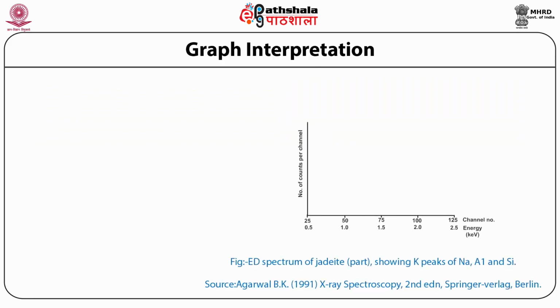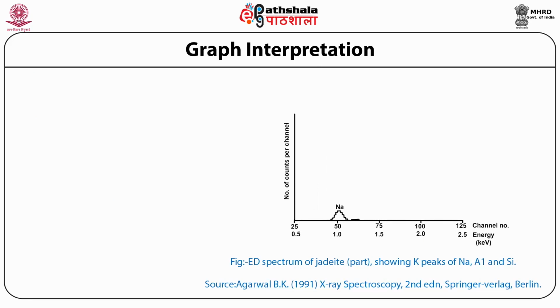The interpretation of a graph obtained in EDAX analysis. A graph of an energy dispersive spectrum of zeolite showing the K peaks of sodium, aluminum and silicon. Let us interpret this graph by taking an example. This graph is an ED spectrum of zeolite showing peaks of potassium, silicon, aluminum.